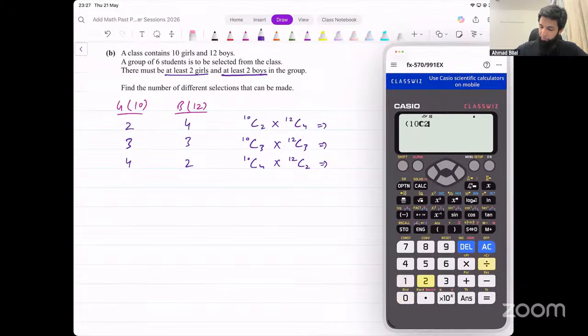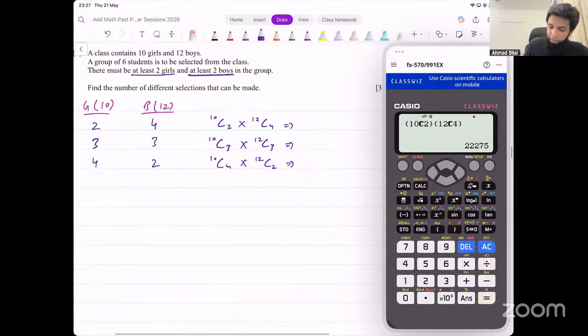10C2 multiplied by 12C4. That's 22275. Then the second case, that's 10C3 into 12C3. Let's see what we get from this. That's 26400.